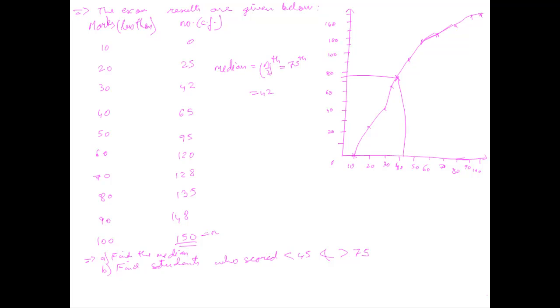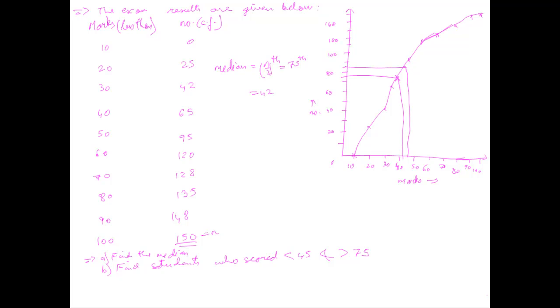Children who score less than 45, children. The marks are along the x-axis, and the number or the frequency comes along the y-axis. So when you say 45, you take the vertical line straight up, and then make it join the curve.